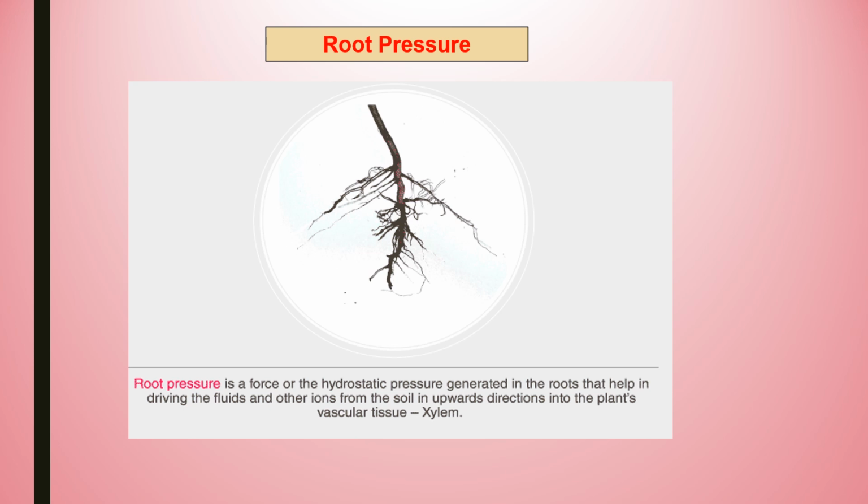Due to the transpiration pull, the pressure will create the water moving upward in the smaller height of the stem. The pressure is called root pressure and is responsible for pushing water into the smaller height of the stem.